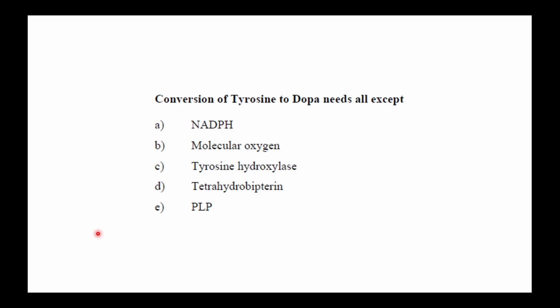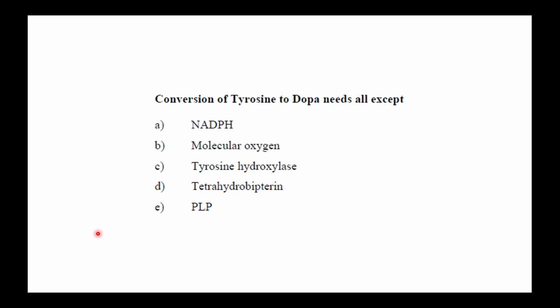Conversion of tyrosine to dopa needs all except. What is not required for the conversion of tyrosine to dopa? Dopa is dihydroxyphenylalanine. Tyrosine is basically para-hydroxyphenylalanine, right? So if you add one more OH to tyrosine, it will become dopa.